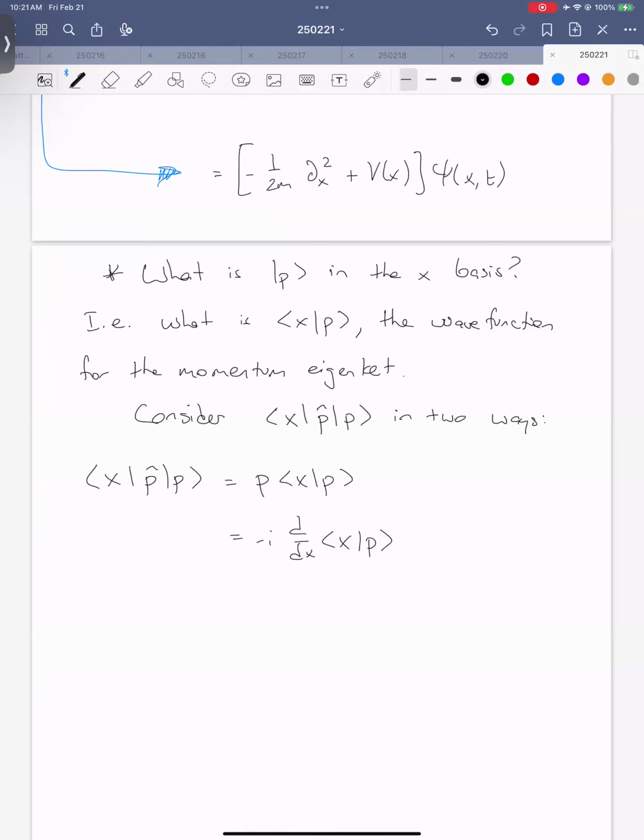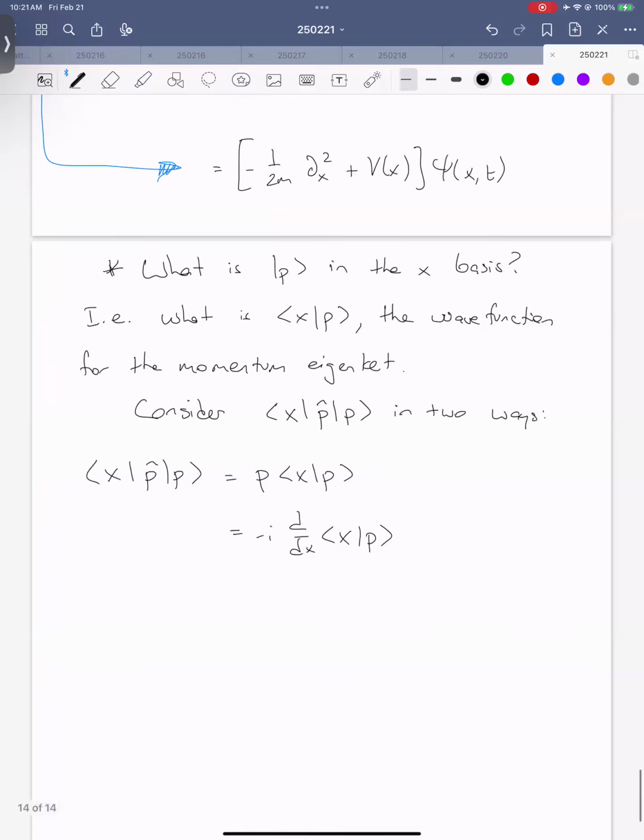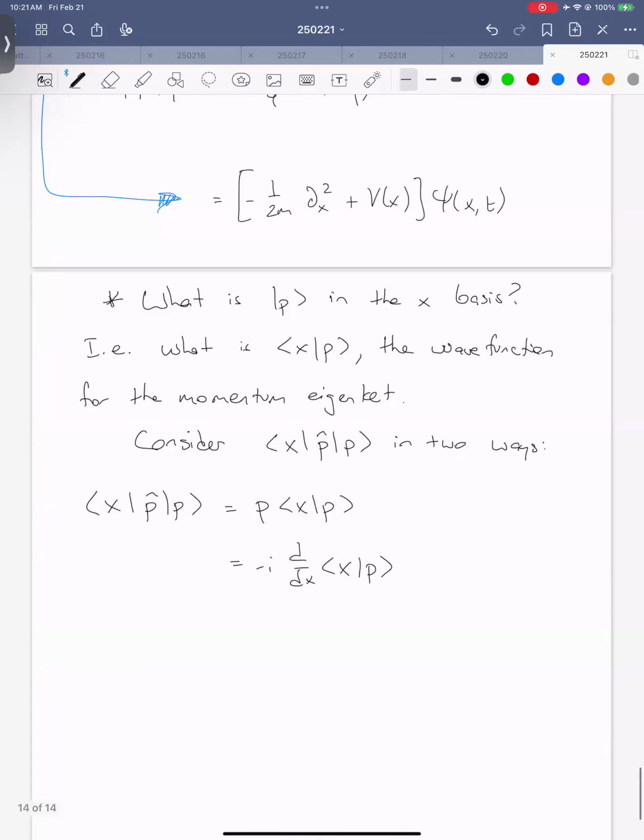I can maybe write this in a more familiar way, or think about this in terms of differential equations, right? So this might look a little bit weird where I've got this symbol overlap with x and p, but if I just call this f of x, you'd be very happy, right? Because I would have minus i d by dx f of x equals p f of x.